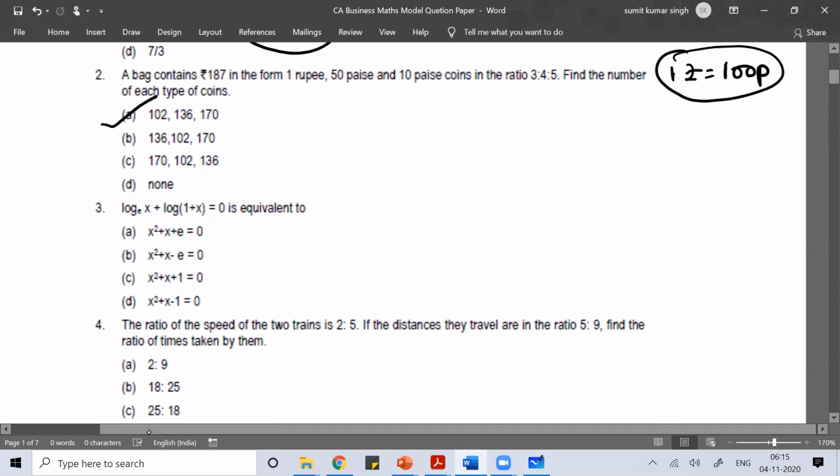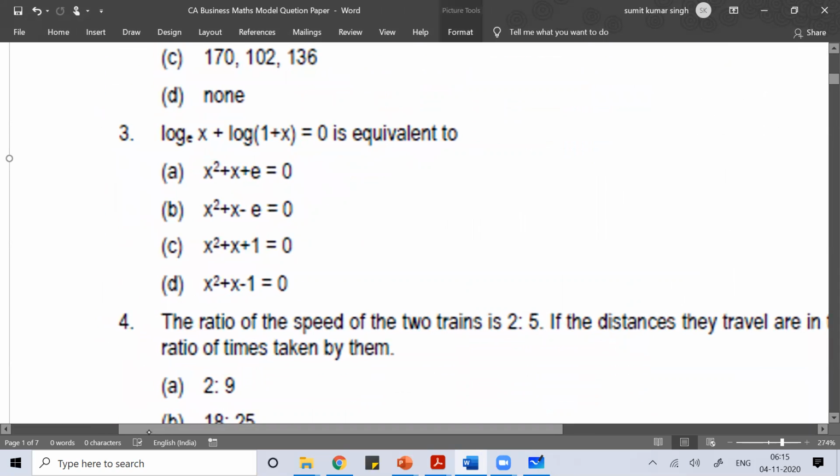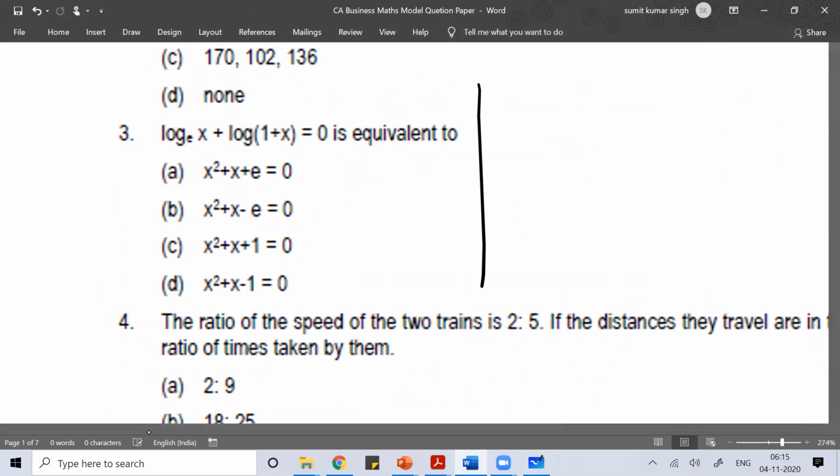Now question number three. Mathematically, there is an error in this question, but we will solve it anyway. You can see log base e of x, and here this is log of 1 plus x. If the base is not given, then we take the base as 10.